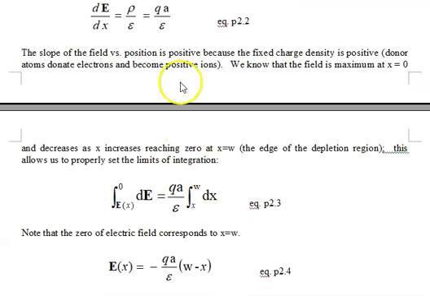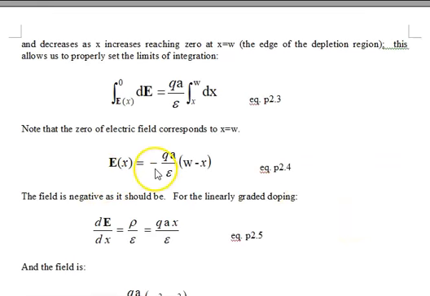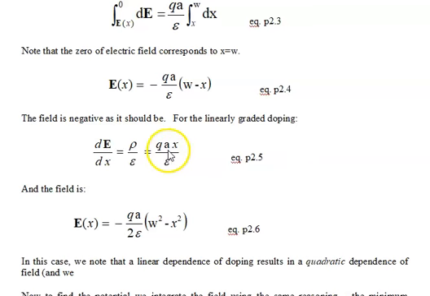Relatively straightforward. We take A out of the integral, we get a linear function, and we notice that the electric field is negative, which we've seen many times, and it has a positive slope because as x increases, the electric field increases. Okay, for a linear grading now, instead of A, we have Ax.